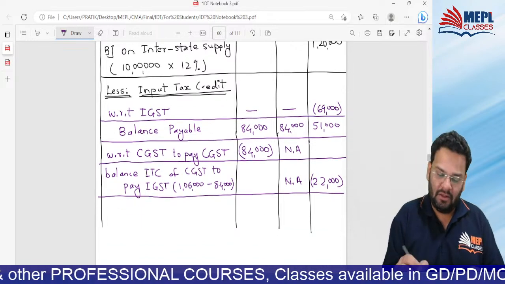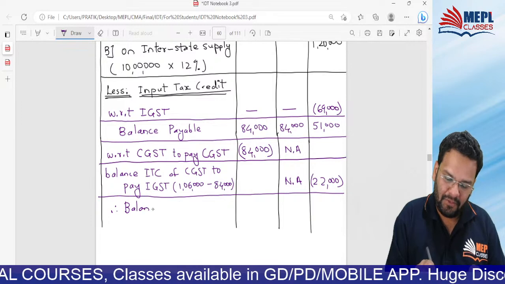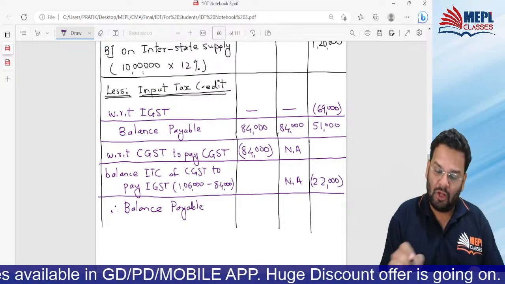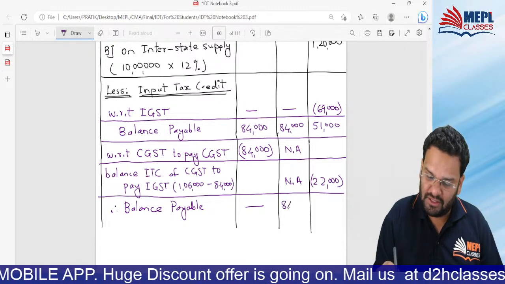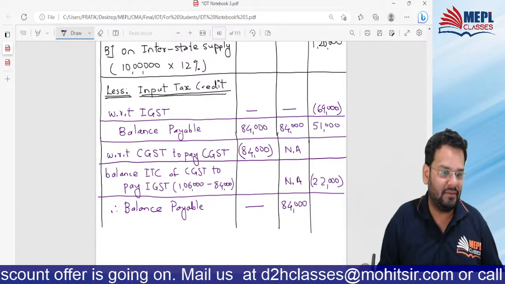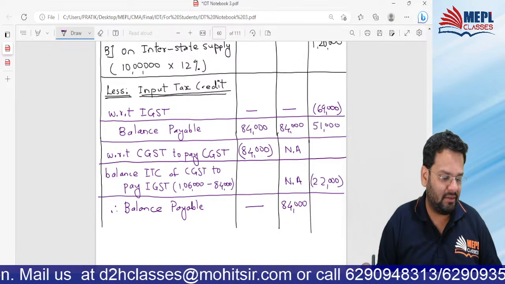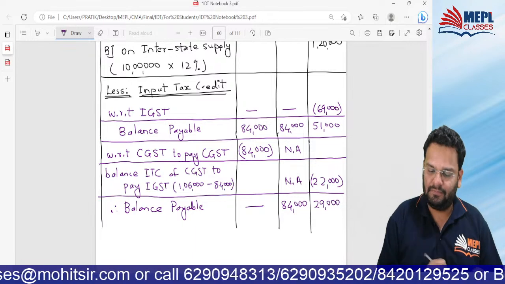And now tell me, what is therefore balance payable? So what is balance payable now? Now balance payable is nil for CGST, 84,000 continues for SGST, and for your IGST, do you have 29,000 still payable?